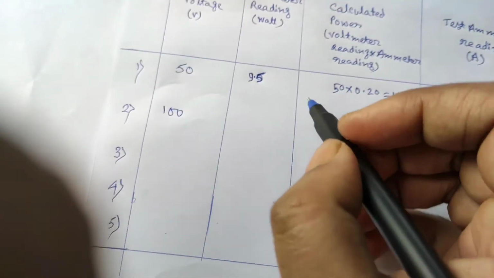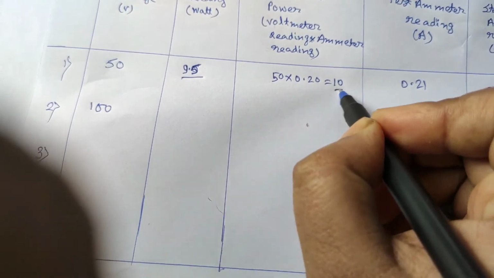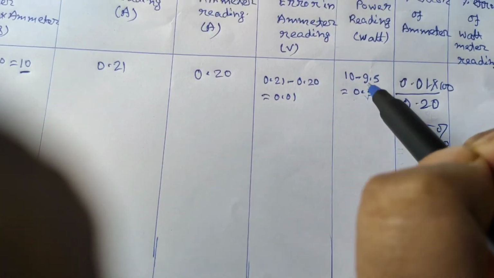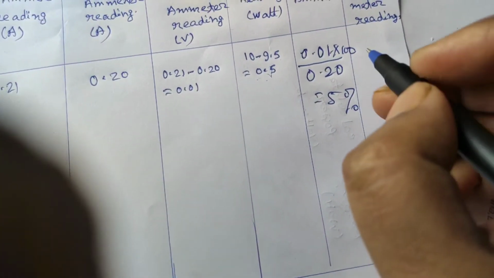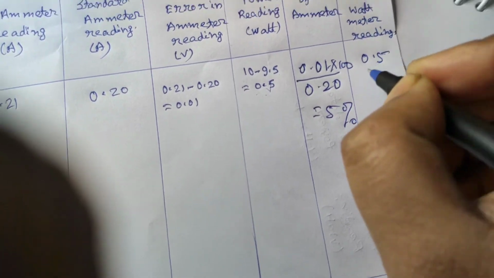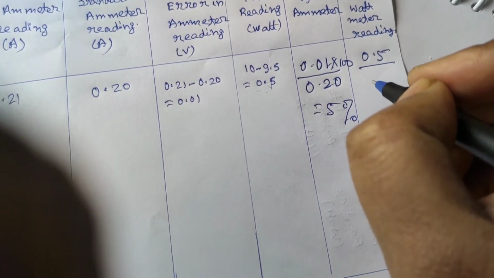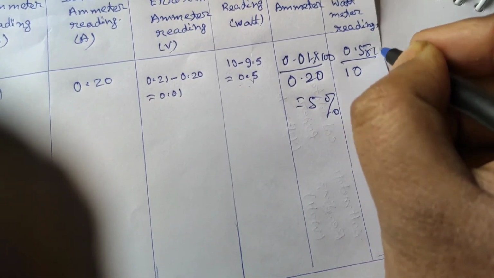Okay, and what is the wattage error? Wattage error is the difference between 10 and 9.5. So here we have calculated that 10 minus 9.5 is 0.5. So the percentage error will be 0.5 by the standard meter reading, that is 10, into 100.